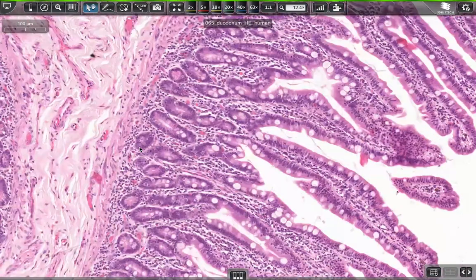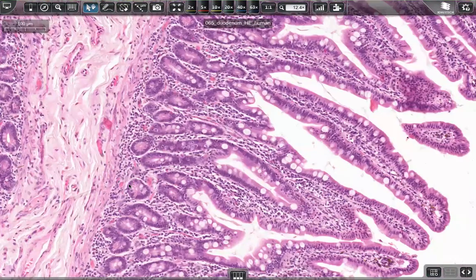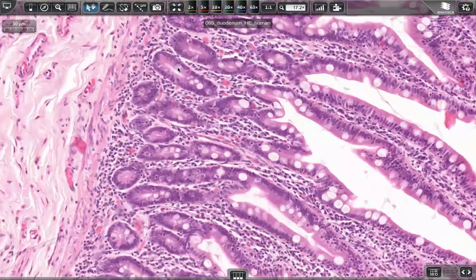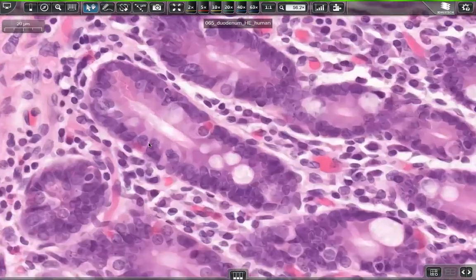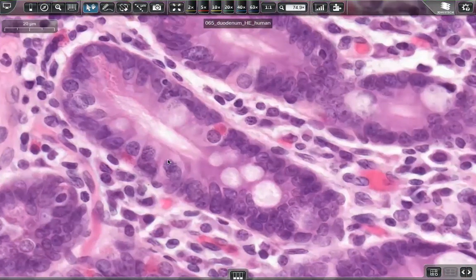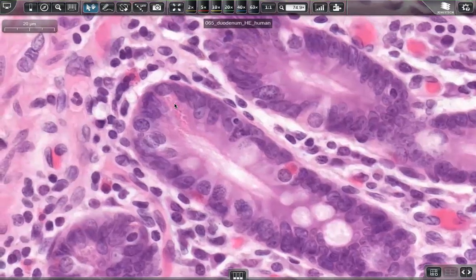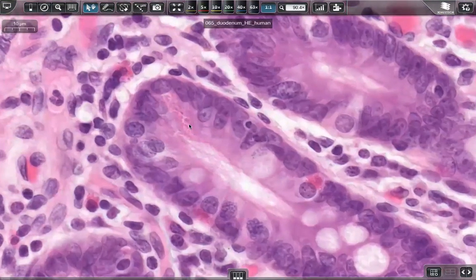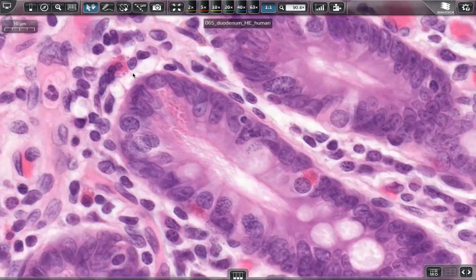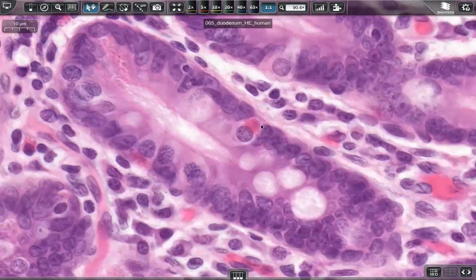So crypts of Lieberkühn, and these structures are built up by enterocytes. So these enterocytes, goblet cells, and we have some cells here. That's the one secreting some red granules into the lumen. They are the Paneth cells, and we have some cells there collecting their product at the bottom.